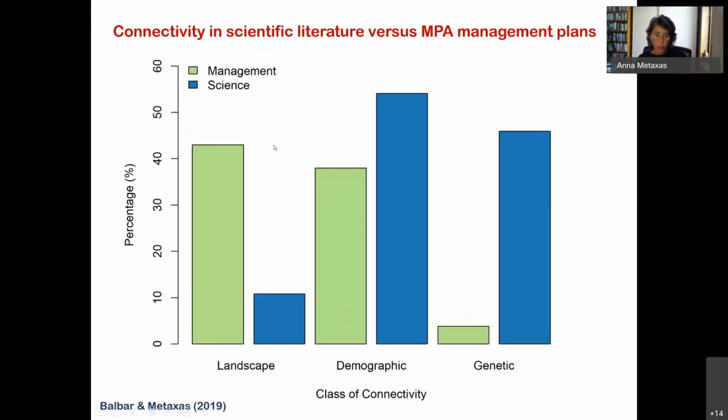And so most of them focused on these two types, demographic and landscape, whereas science looks at different types of connectivity. So there seems to be a disconnect between what we as scientists are studying and what managers are using or need to use for their own needs to design marine protected areas to consider connectivity.